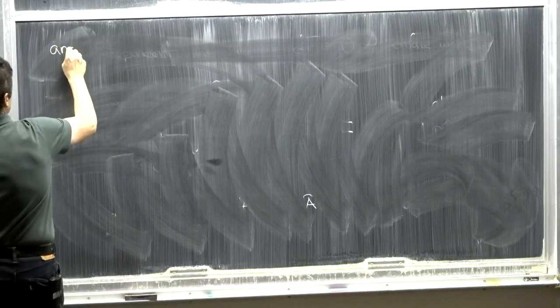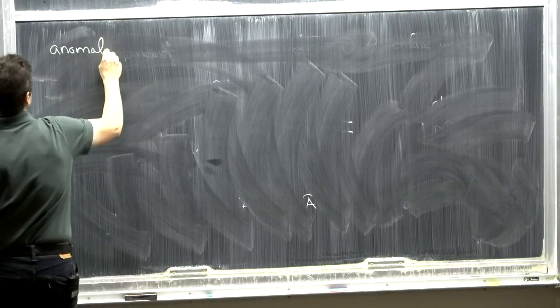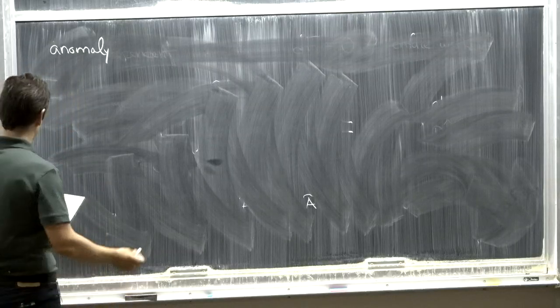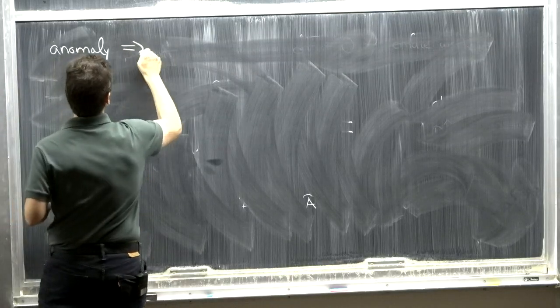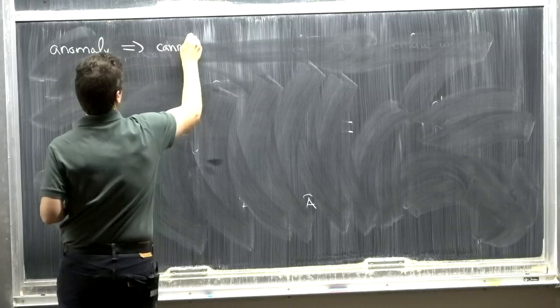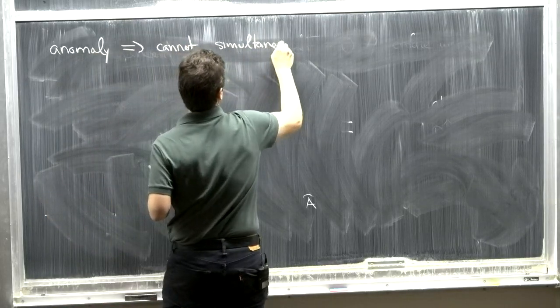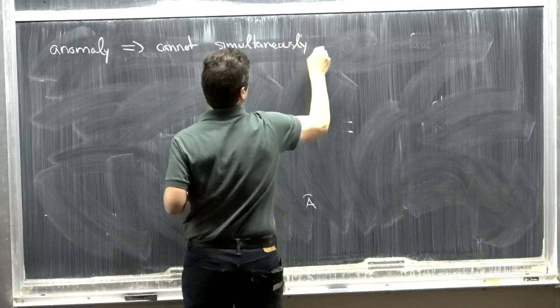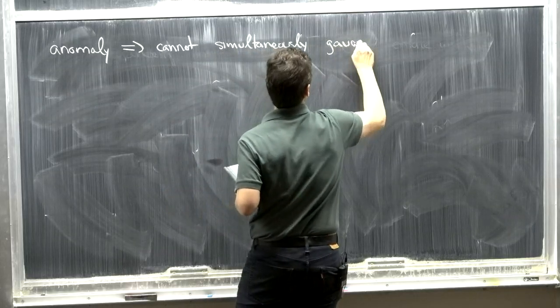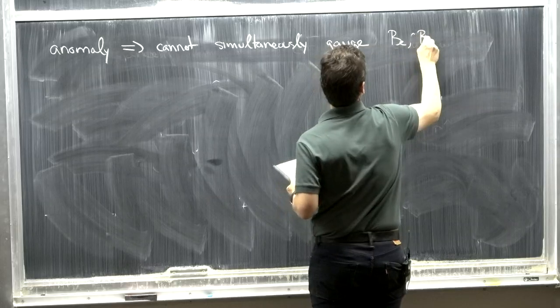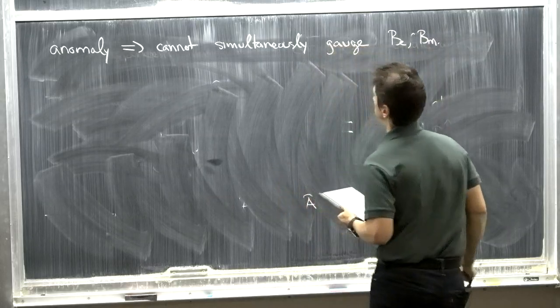Okay? Now, coming more directly to that question, there is an anomaly of this one-form symmetry that you heard about. And that implies that you cannot simultaneously gauge BE and BM, or at least all of them.